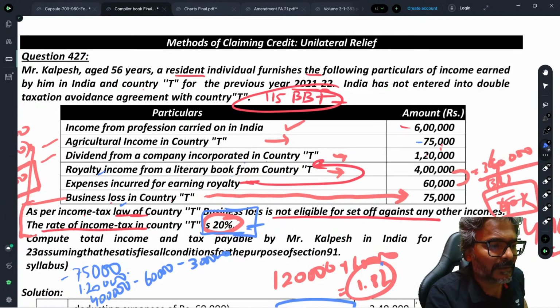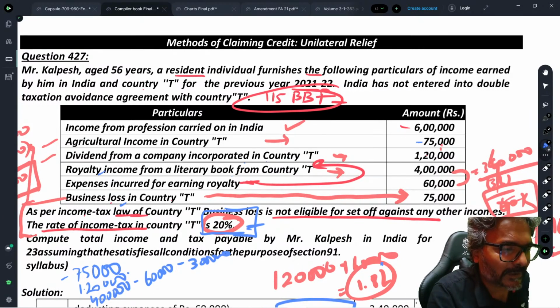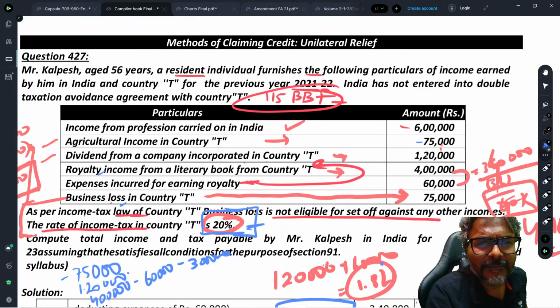So, since we are consolidating everything, what is the final conclusion? The final calculation in this context will be that we consolidate everything and thereafter calculate the portion of the consolidated foreign income on which there was double taxation in both the countries.